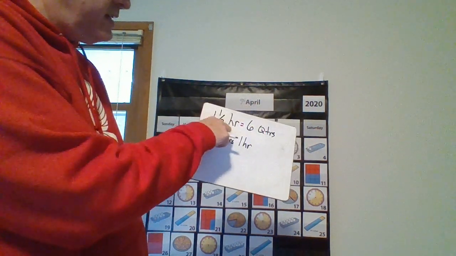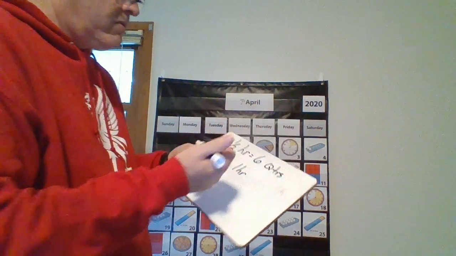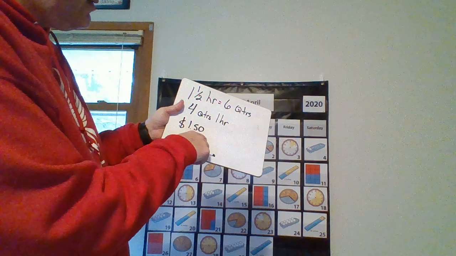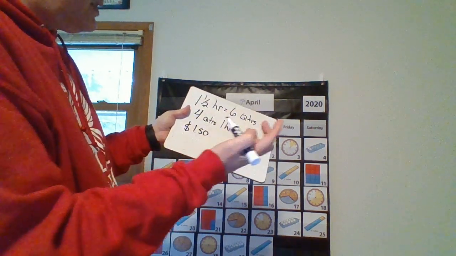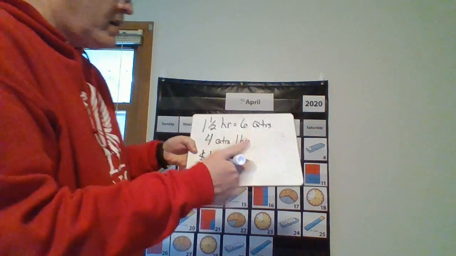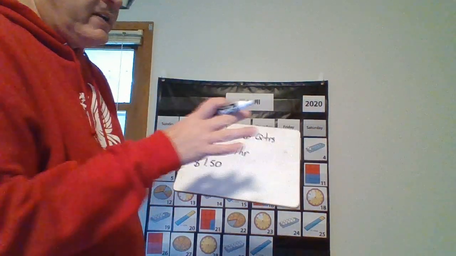You can also look at this. If you're unsure, you can look at it and think, how many quarters would be in $1.50? $1.50, 6 quarters. Okay.